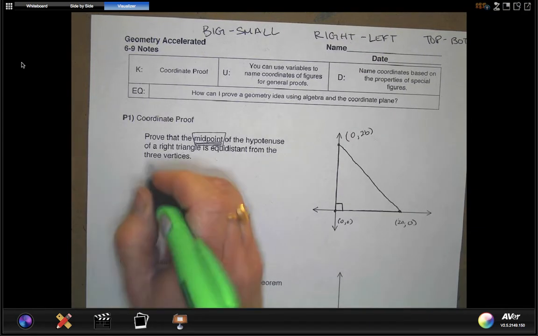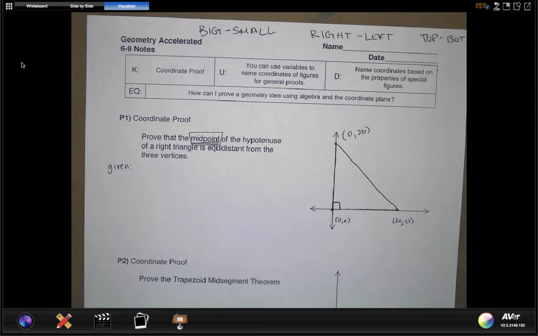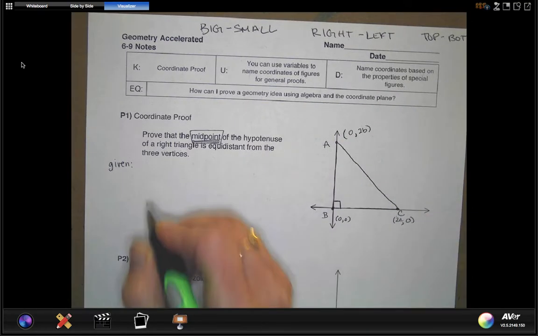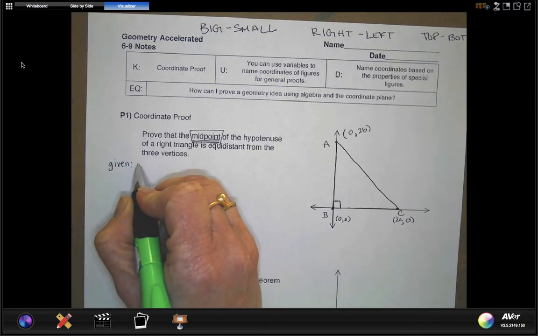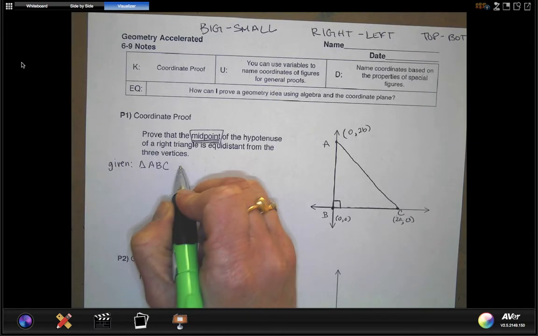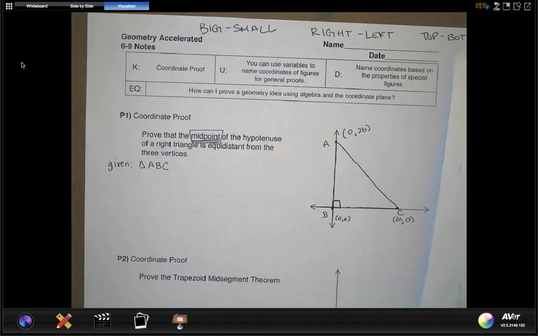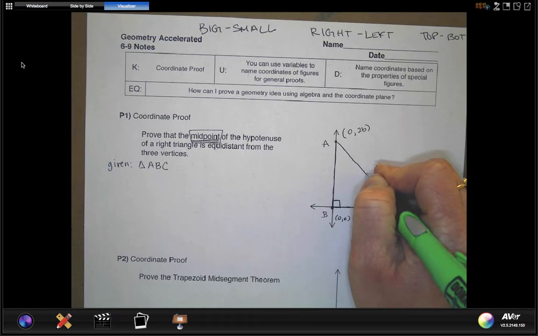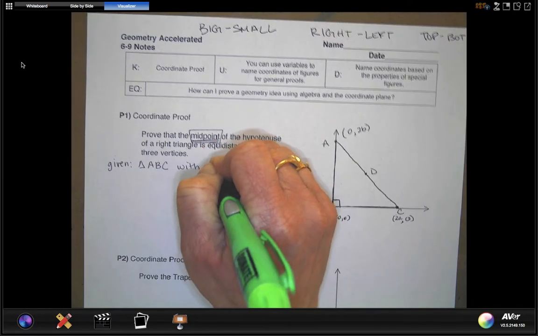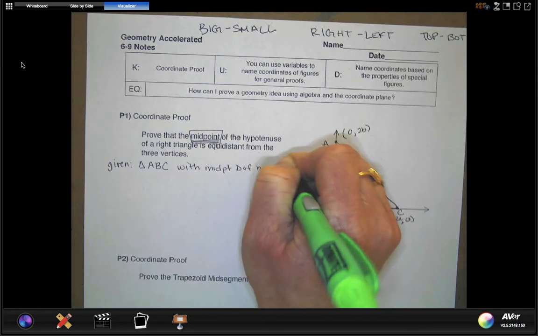Okay, so I have to write my given. So I'm going to say given, and I'm going to define this as triangle ABC. So given triangle ABC, and I would say that the midpoint, so it's just going to be here, midpoint D of hypotenuse AC.